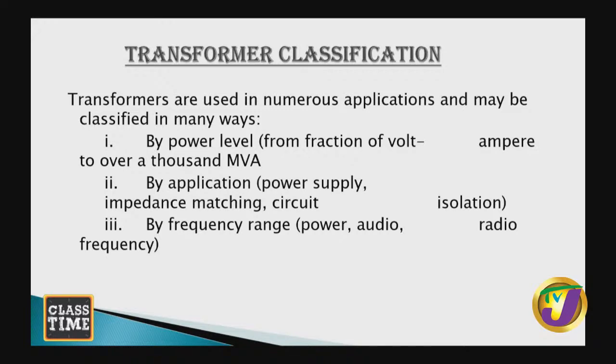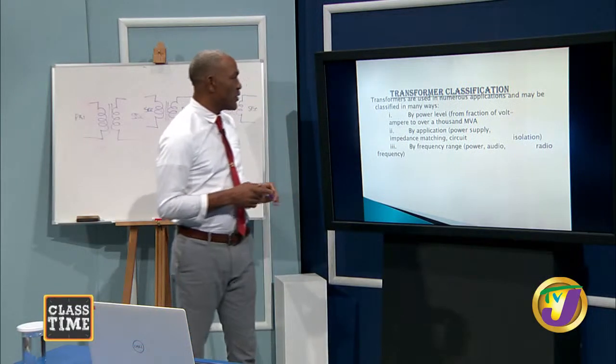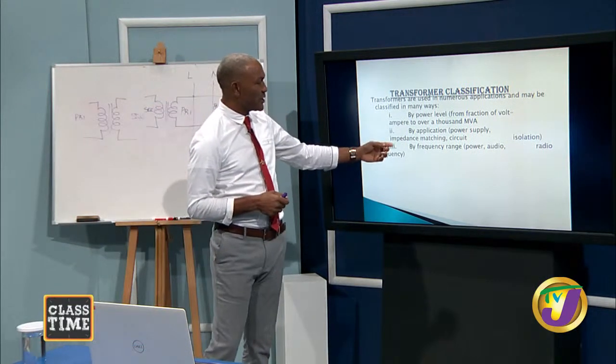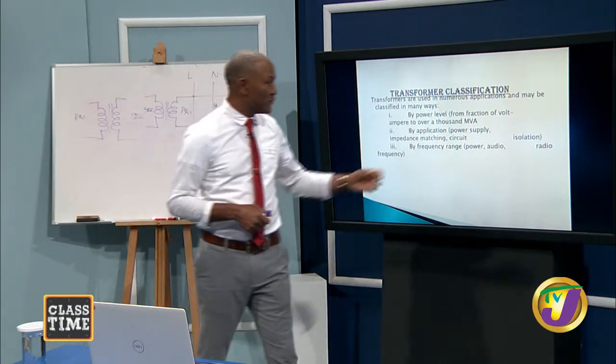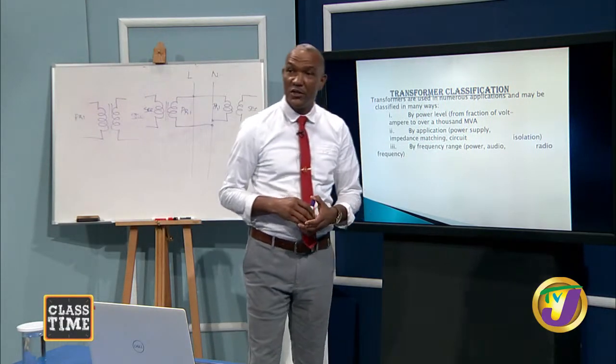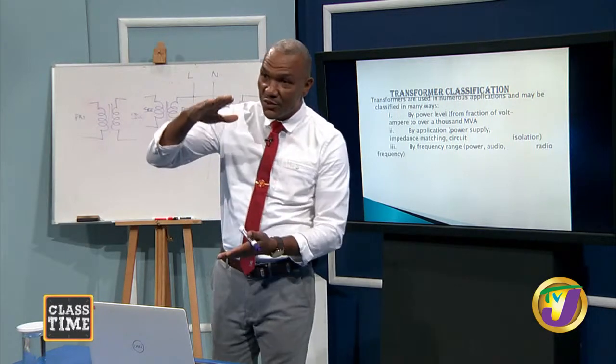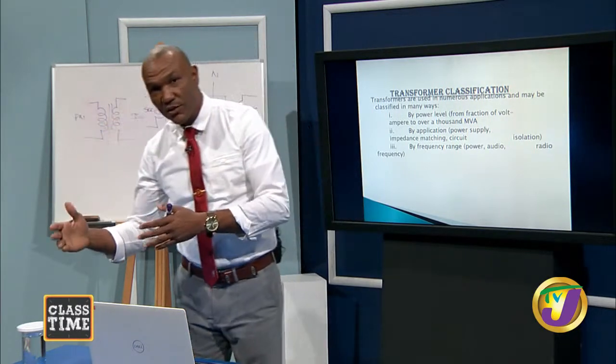One, by power level, from a fraction of a volt-ampere to thousands, even mega volt-amperes. By application: power supply, impedance matching, circuit isolation. By frequency range, for example in audio and radio, where a transformer is used in how you hear sound.